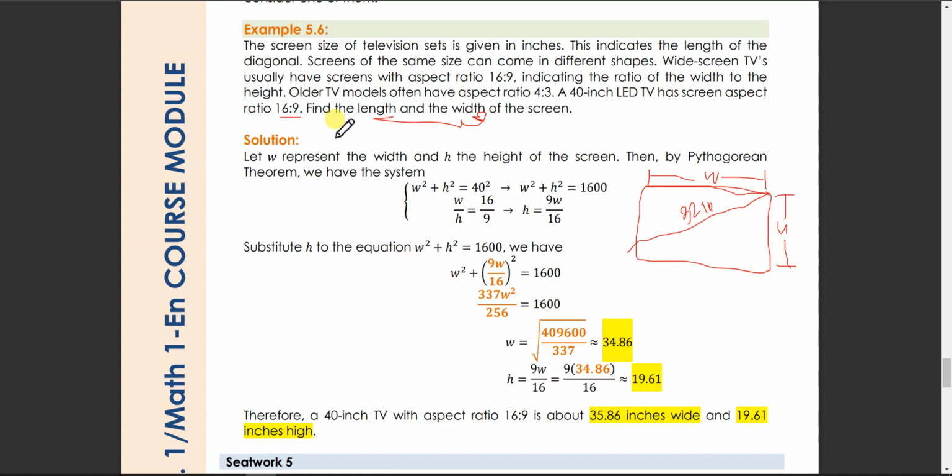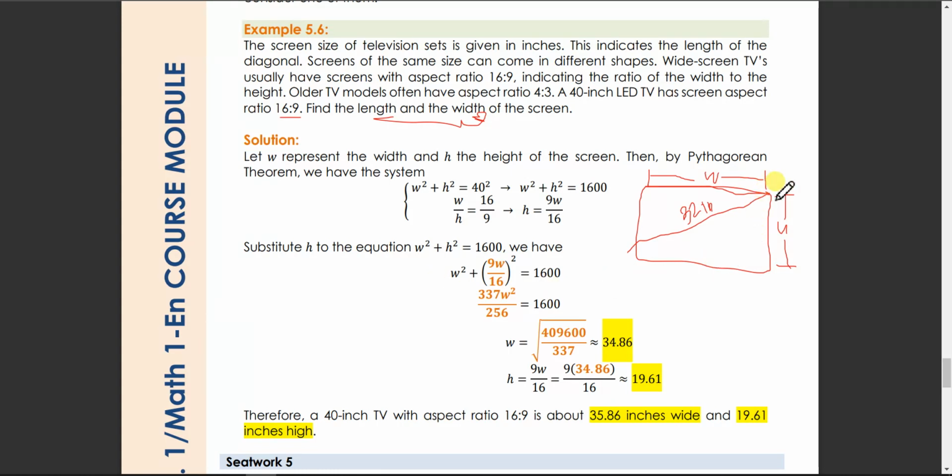So to solve that, we are going to formulate equations para ma-solve nato na siya. So by using the Pythagorean theorem, you can use the Pythagorean theorem if you have a right angle nga triangle, meaning one angle of your triangle is 90 degrees.